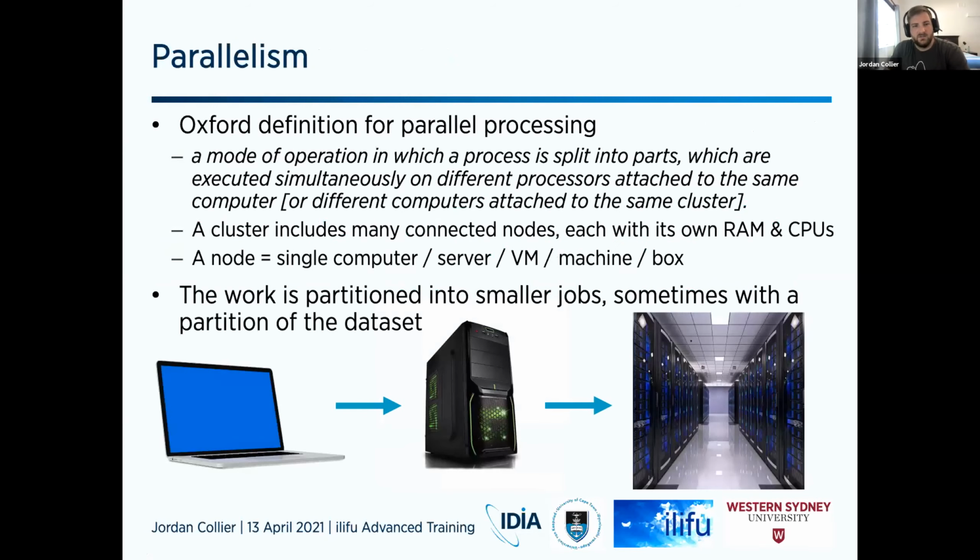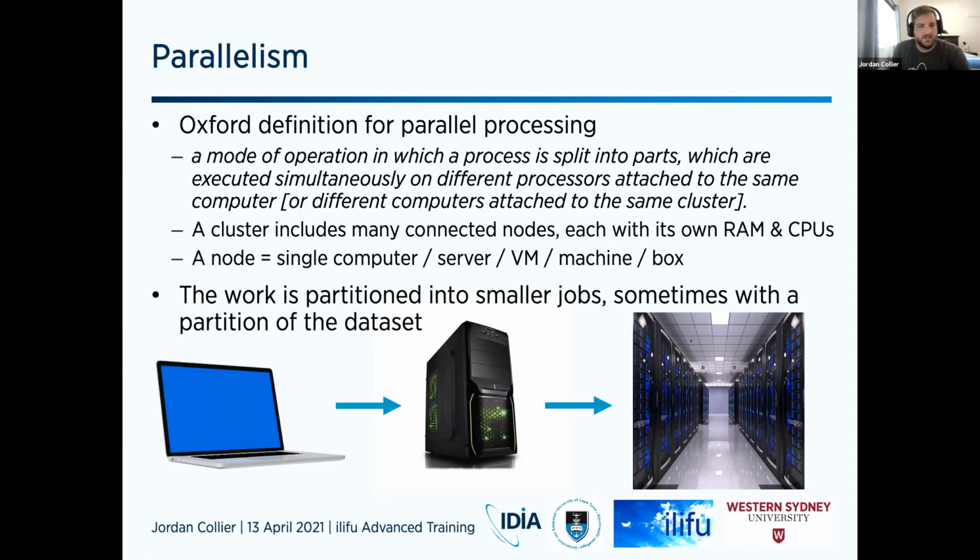So that brings me to parallelism. This schematic here is something I introduced in the basic training, but essentially talks about the way that we've moved from being able to do all your processing and visualization and everything on your laptop to perhaps using a virtual machine or a server, to moving on to a cluster where you've got job management and scheduling software like SLURM.